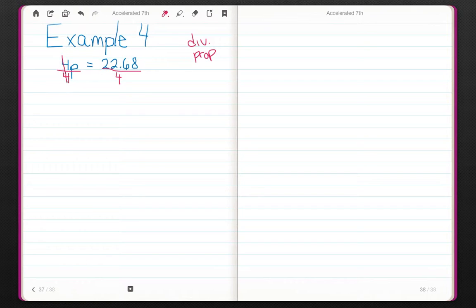So my 4's cross cancel, leaving p by itself. p equals, we're going to go over here to my scratch paper, 22.68 divided by 4.